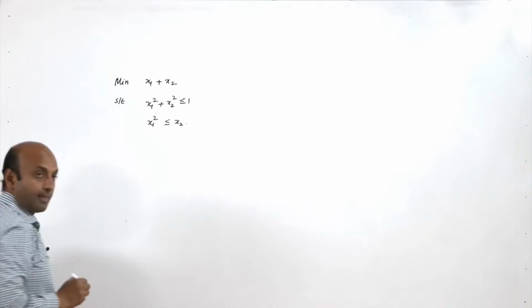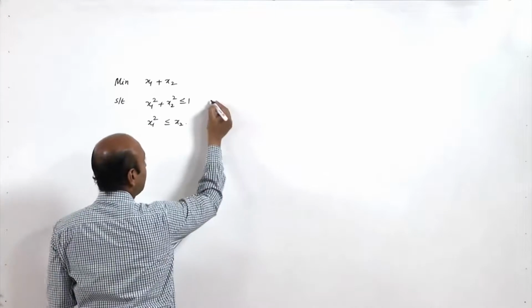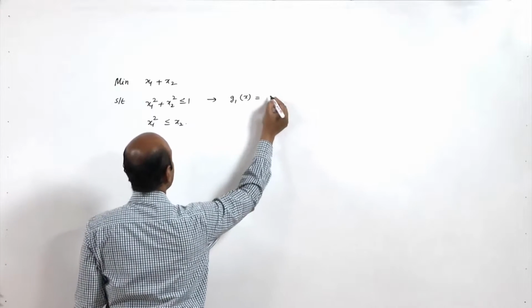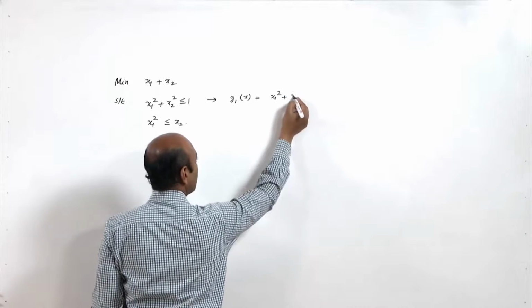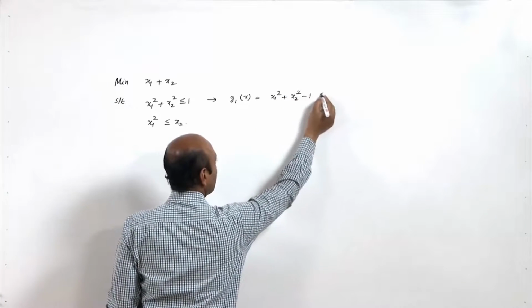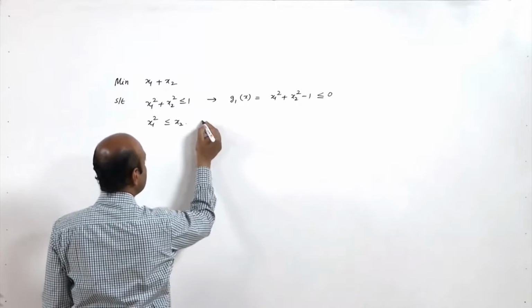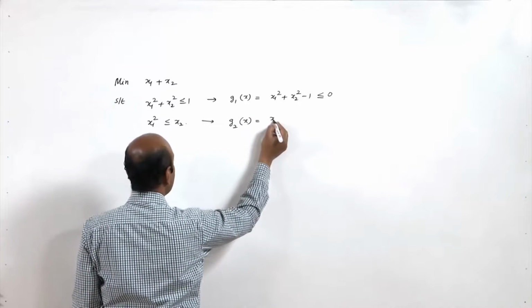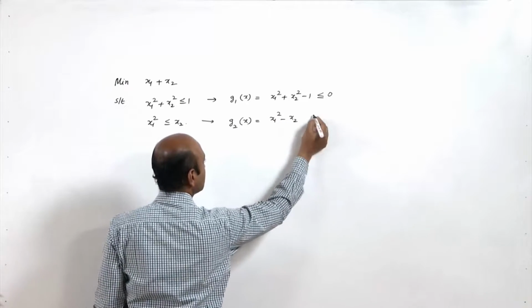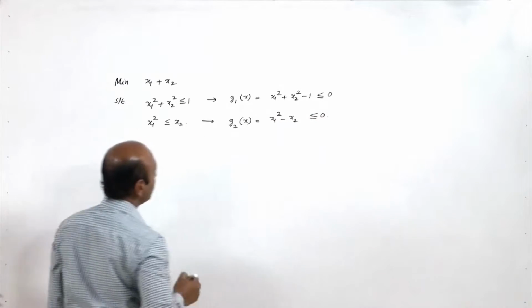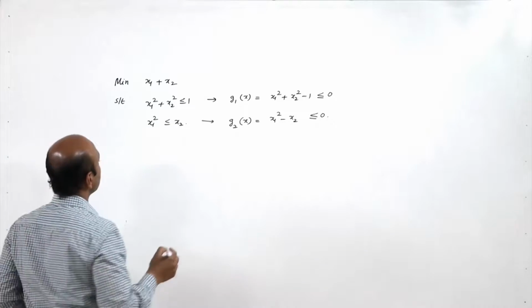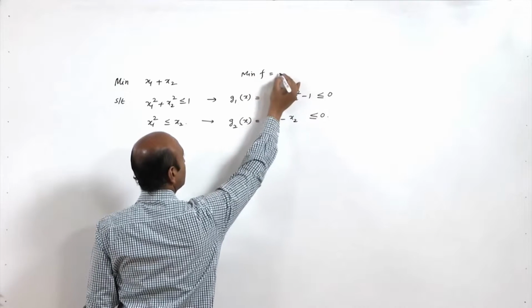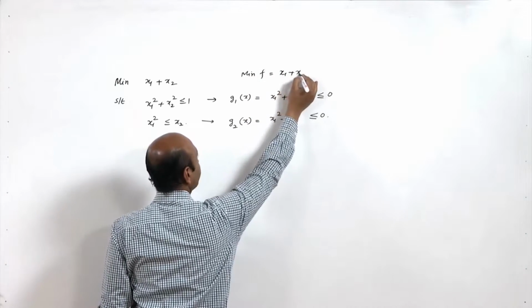The first constraint can be rewritten as g1(x) = x1 squared plus x2 squared minus 1 less than or equal to 0, and the second constraint as g2(x) = x1 squared minus x2 less than or equal to 0. And of course, the objective function is minimizing f = x1 plus x2.